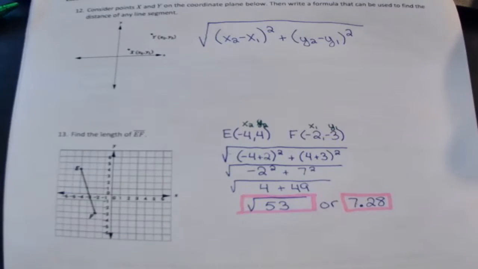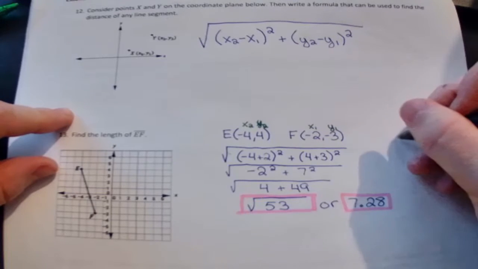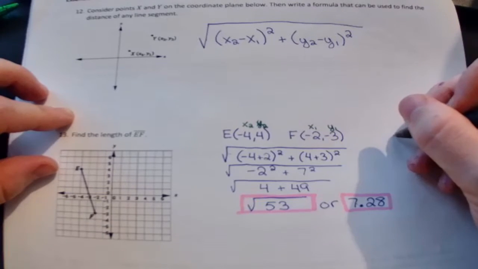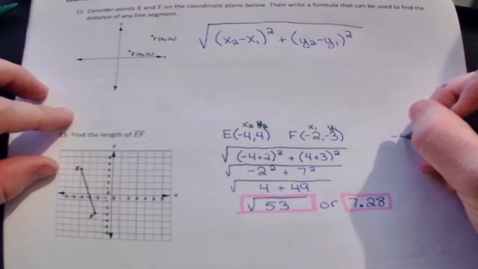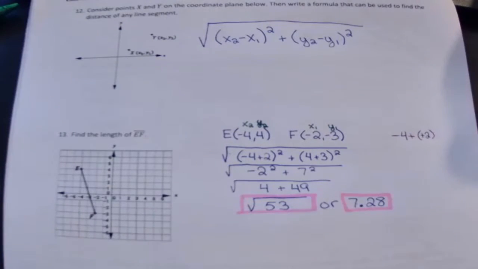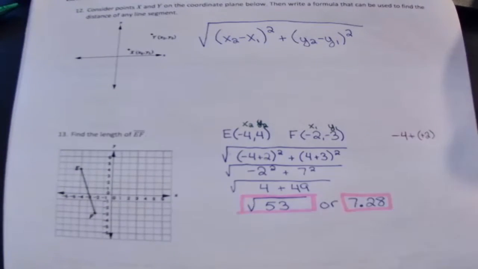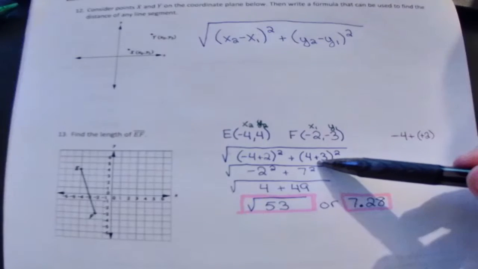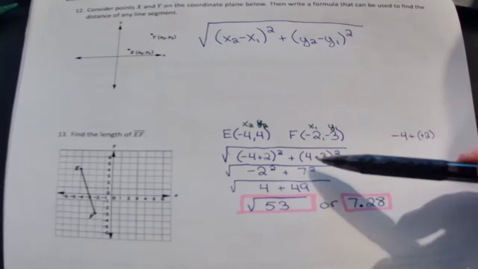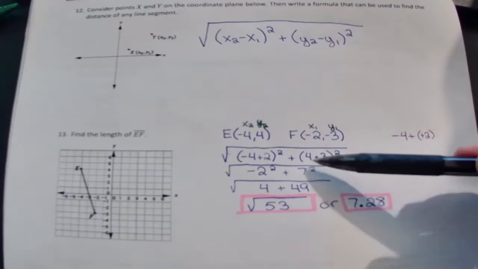The reason why it is plus 2, I know in the formula it has minus, but if I have negative 4 minus a negative 2, the signs change, because minus a negative would change the sign, so it's negative 4 plus 2. That is why it's like that. And the same thing here, where it would be 4 minus negative 3, which changes the sign.